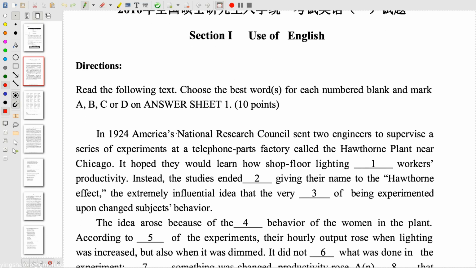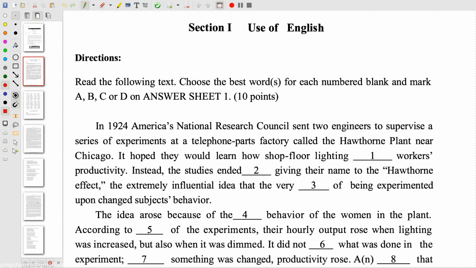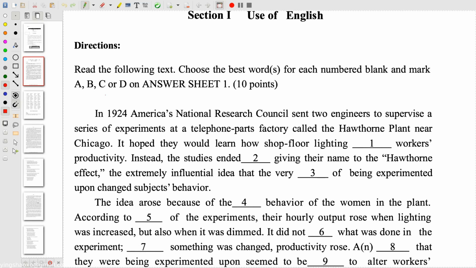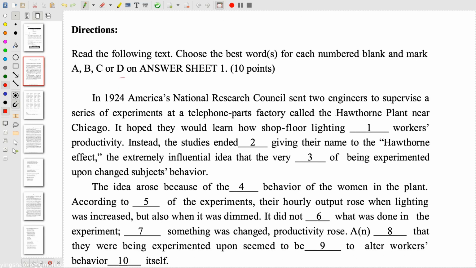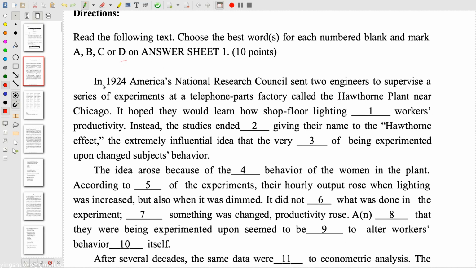Directions. Read the following text. Choose the best words for each numbered blank and mark A, B, C or D on the answer sheet. It probably would be good if I use a mouse so that everyone can see the reading process.